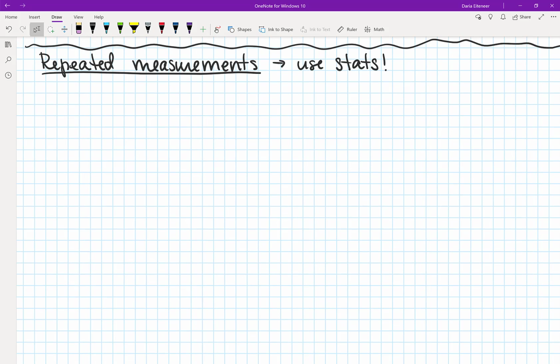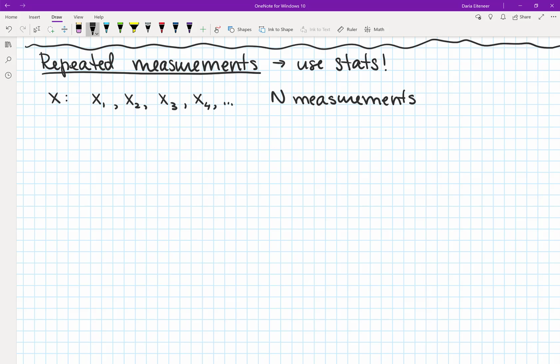Let's say that you're measuring some value x, and you made measurements that you're going to call x1, x2, x3, x4, and so on. And you're going to make a total of n measurements. I'm calling capital N or little n, it really doesn't matter, the number of measurements.